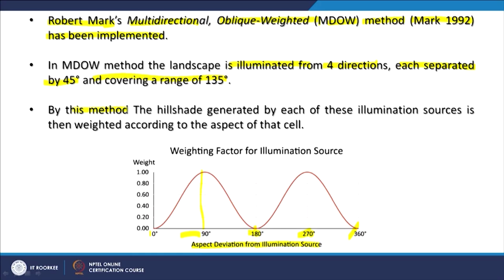So, by this method the hillshade generated by each of these illumination sources is then weighted according to the aspect of that cell. So, Brassel's method and Mark's method, this is the major difference they are having. Illumination sources are multiple, no doubt, but both are using aspect a little differently.